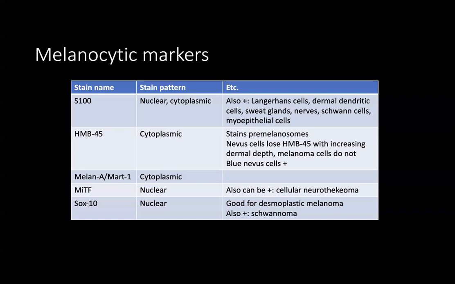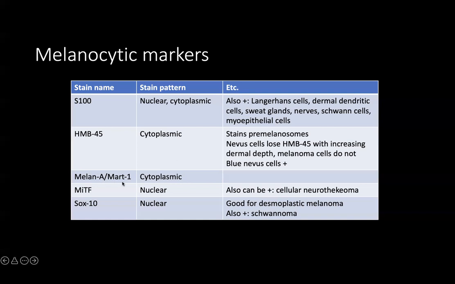HMB45 will normally mark blue nevus cells at the superficial and the deeper melanocytes, but normal nevus cells lose HMB45 when you go down into the dermis. So there's what we call loss of expression with descent into the dermis. So HMB45 should be highly expressed in the junctional melanocytes and then decrease expression with descent down into the nevus. The exception to that are blue nevus cells.